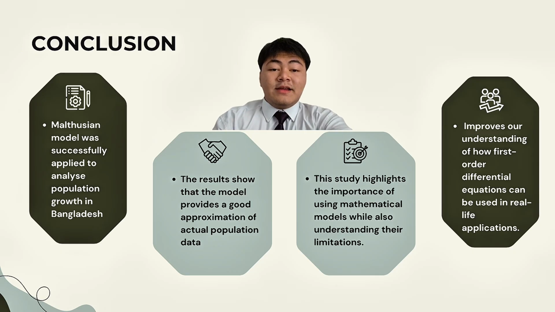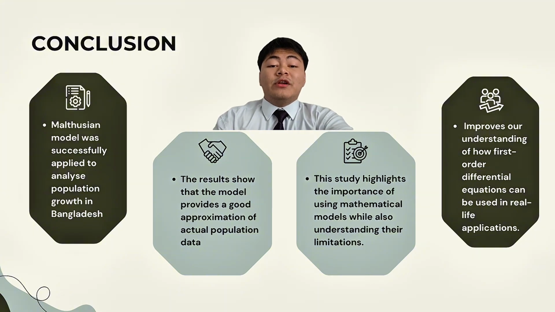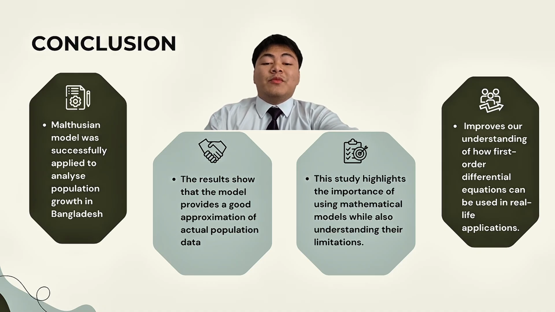In conclusion, this project successfully applied the Malthusian model to analyze population growth in Bangladesh. The results show that the model provides a good approximation of actual data. However, due to its assumption of constant growth, the model has limitations when applied to real-world situations.